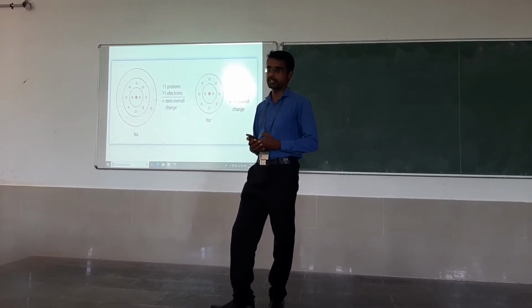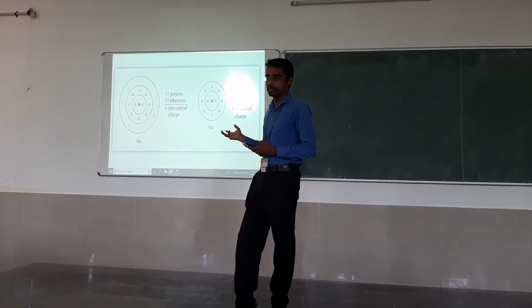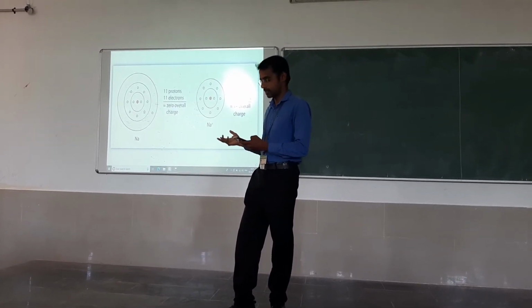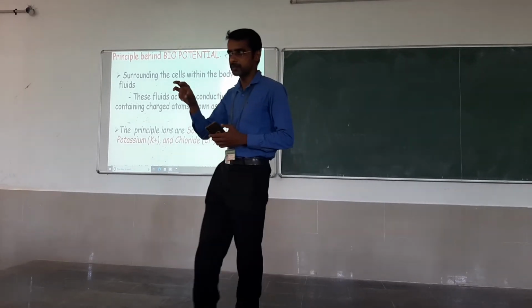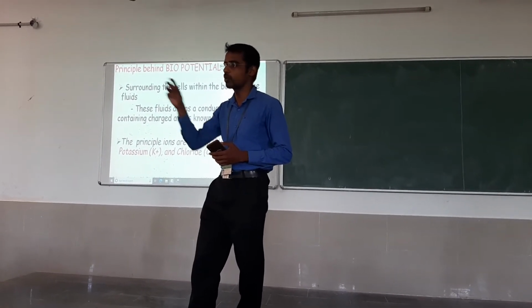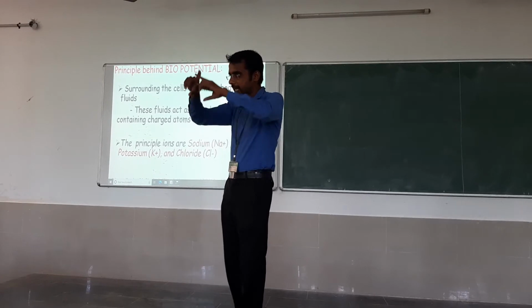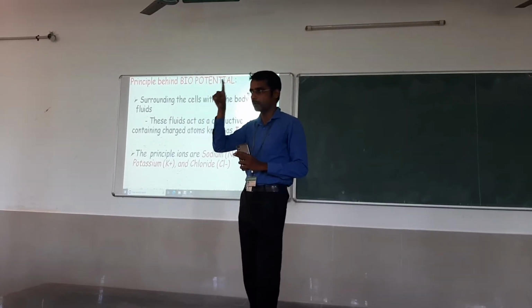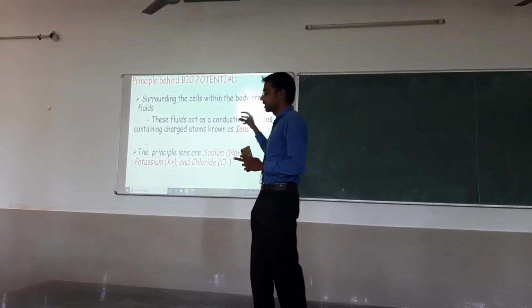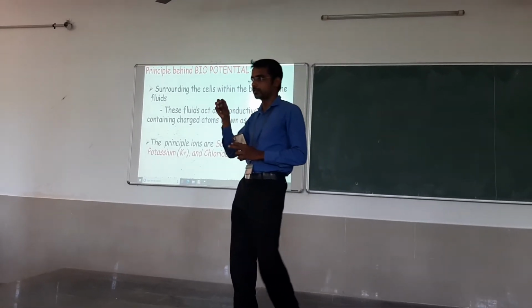Now we would have a question: why am I speaking about ions? What is the relation? That is where the thing changes. See, the basic principle is here. The cell is built up of so many atoms, though of different types. So the cell will have a structure and the cell will have a wall. These cells are filled with cellular fluids.